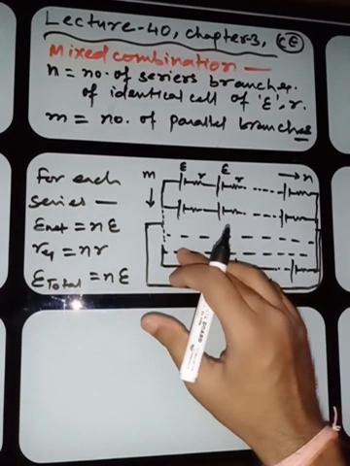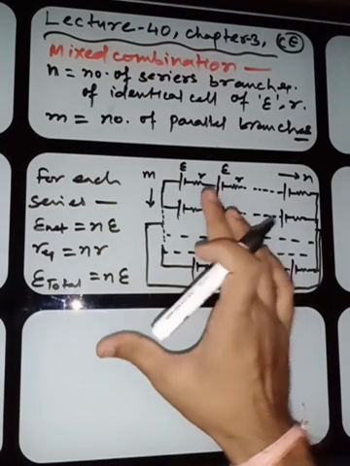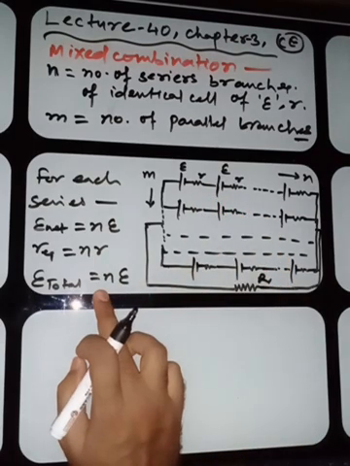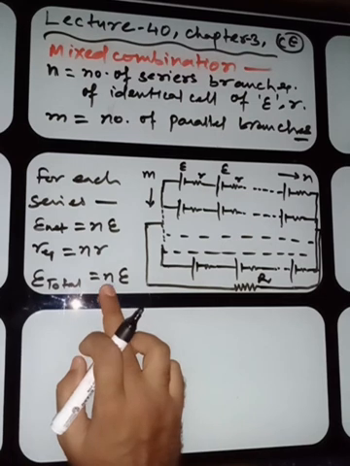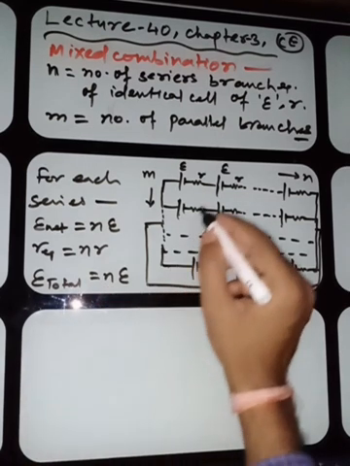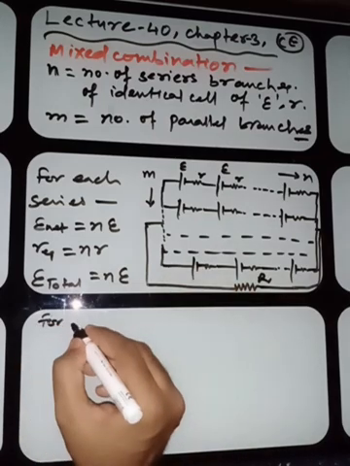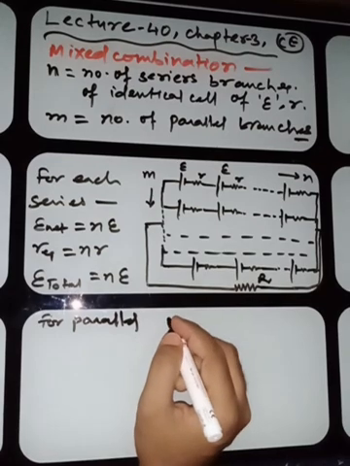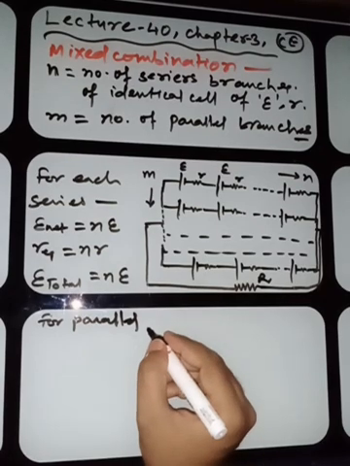And what will be the resistance? Here we have studied for the parallel, for the entire network the EMF is nE. But for the parallel branches, what will be the total resistance?